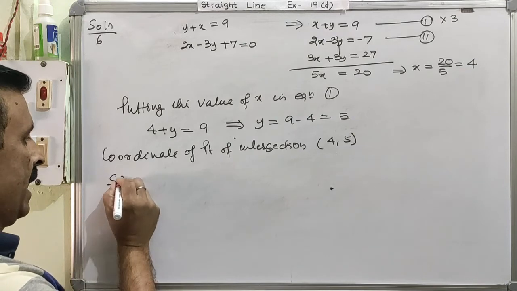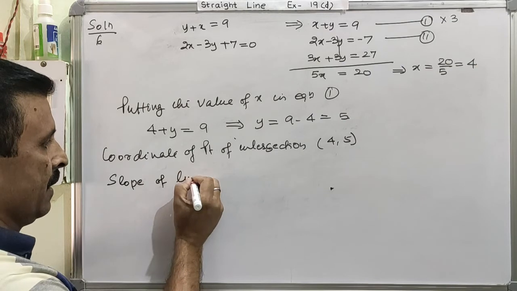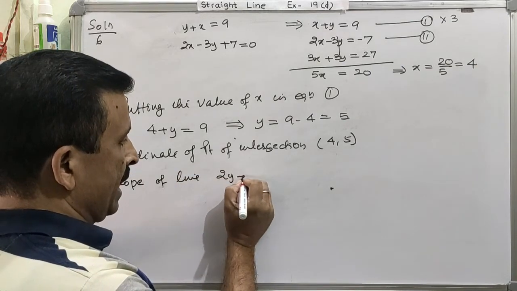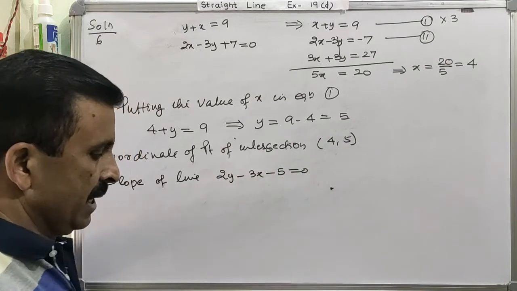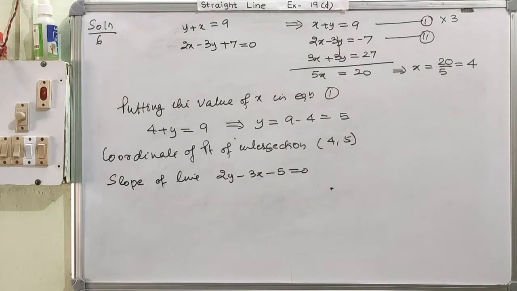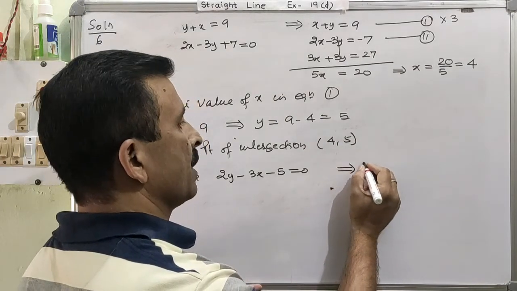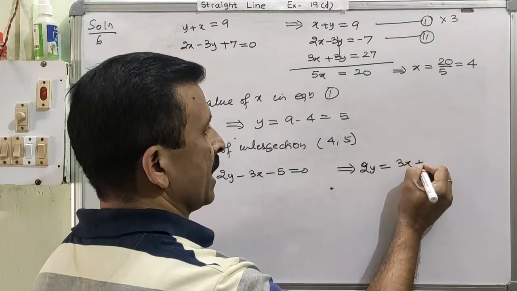Now we will calculate the slope of the third line. Slope of line 2y minus 3x minus 5 is equal to 0. This is your equation. Now we will write the slope of this line. For writing the slope of this line, 2y is equal to 3x plus 5.